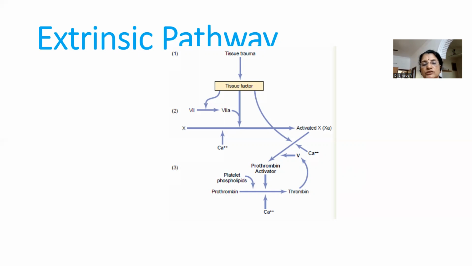This tissue thromboplastin, when it is released, in turn activates factor 7. That's the proconvertin, activated by the action of the tissue thromboplastin.